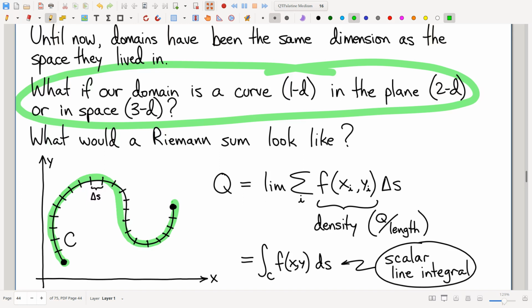Maybe I've got a wire that's bent around into some shape like this, and I want to compute the mass of that wire. Well, I'm going to have to chop that wire up into little pieces. On each piece, I'm going to have to ask how much mass is on that piece, and then I add up over all the pieces. Chop it up, add it up. We basically want to do a Riemann sum. It's just that the domain is all unfamiliarly weird at this point. So it's like we want to do a Riemann sum, we just don't have that kind of Riemann sum.